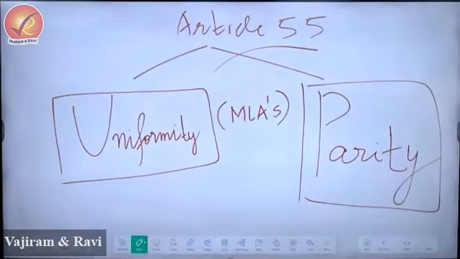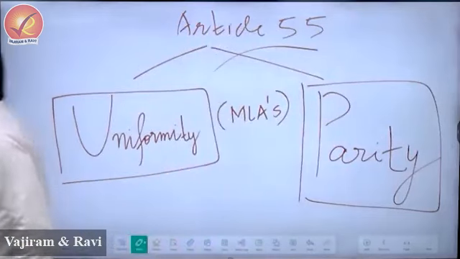Uniformity amongst all our states, the second tier, and parity between MLAs representing the states and MPs representing the tier of the Union.